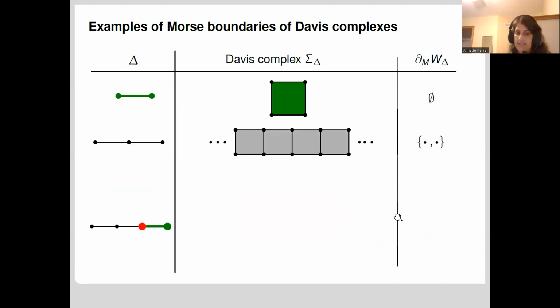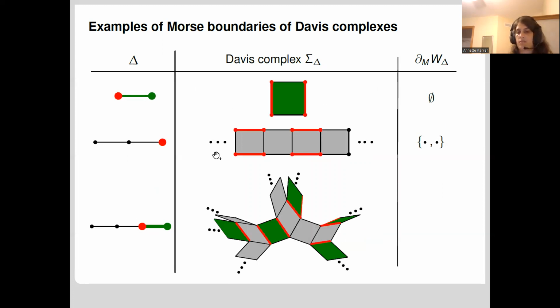Finally, let's look at this example. We glue an edge to two paths. If we do so, we get a Davis complex which looks like this. Again, we see the blocks which are isometric to the Davis complexes we started with, and the walls which are drawn in red. And the Bass–Serre tree is now a tree where we have degree 2 here and infinite degree here.